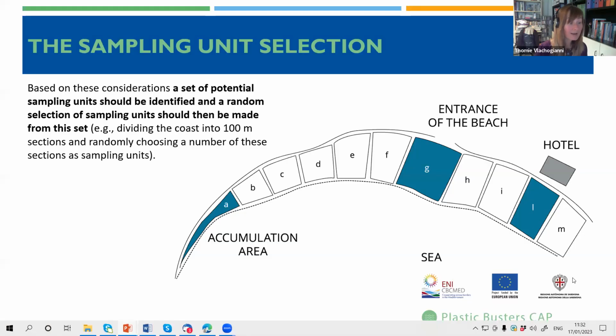And in fact, here there is an example of how to select randomly where to place the sampling unit on a beach.